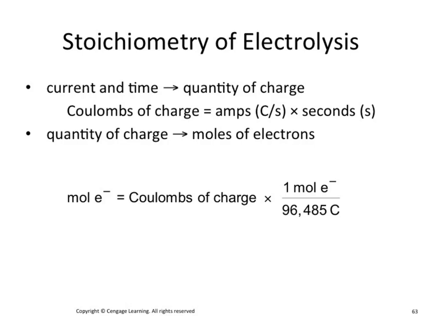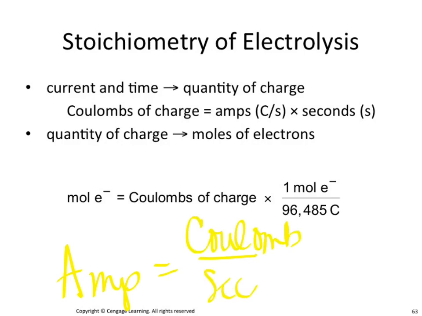You will be given stuff maybe in amps. Does anybody remember what an amp is, also known as? Any physics people? Coulomb per second. Okay, so instead of amp, I would write Coulomb per second.